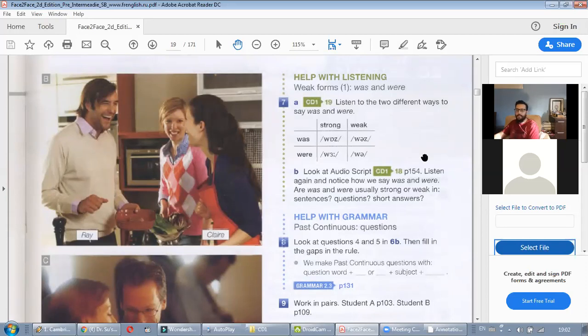So sometimes they are in the strong form, so you can hear the full word. So was, were, but sometimes it's in the short form, so you don't hear the full word. You can hear it like was and were. So it becomes very short.